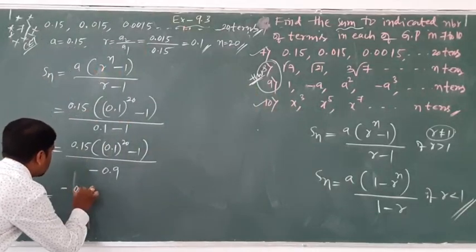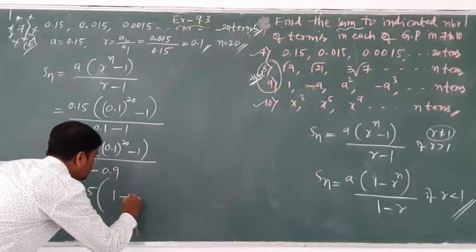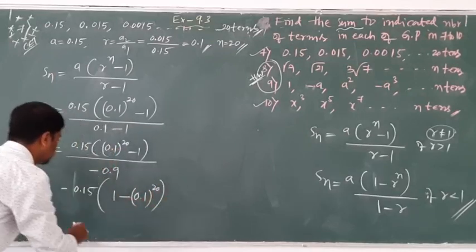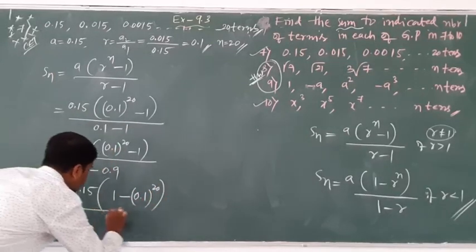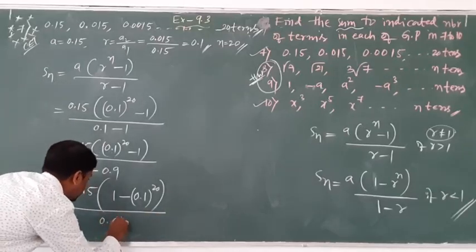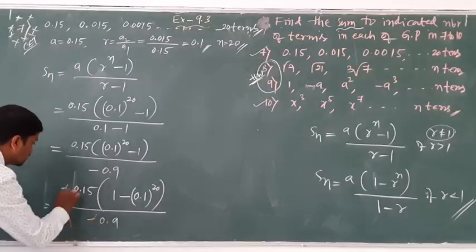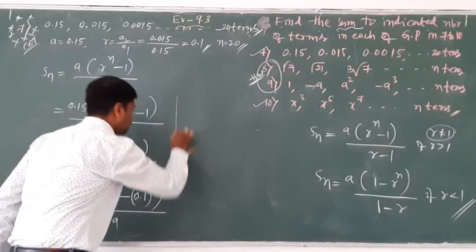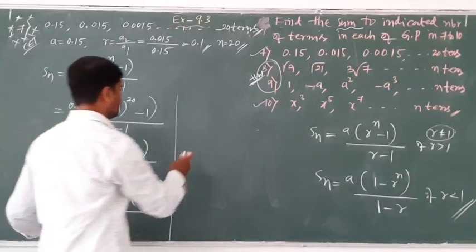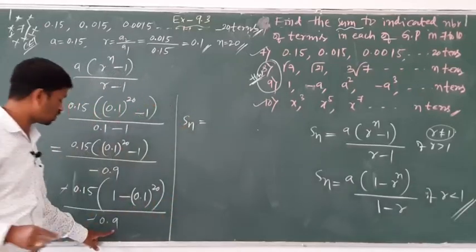0.15 into 1 minus 0.1 whole power of 20 divided by 0.9. Okay, clear? The minus gets cancelled. What is the remaining portion? Listen, the sum of n terms Sn is equal to 0.15 divided by 0.9.